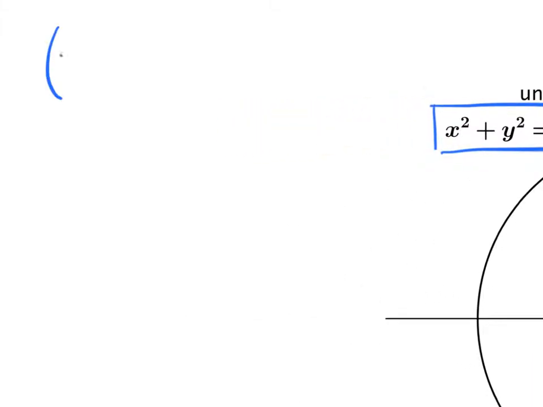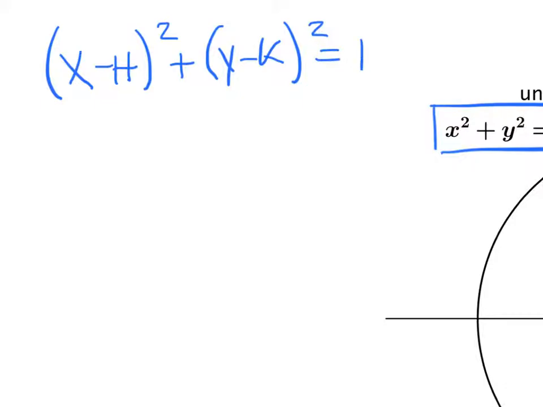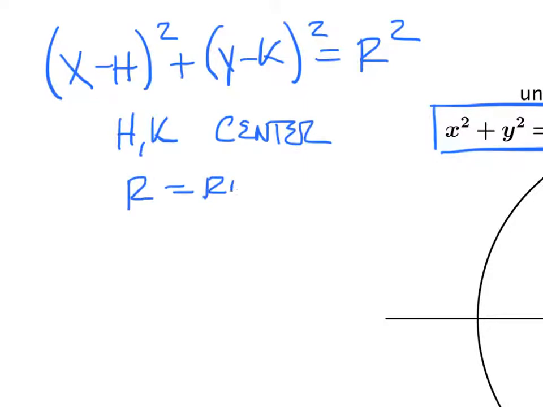That comes from the general form of (x minus h) squared plus (y minus k) squared equals r squared, where (h, k) is the center and r is the radius.